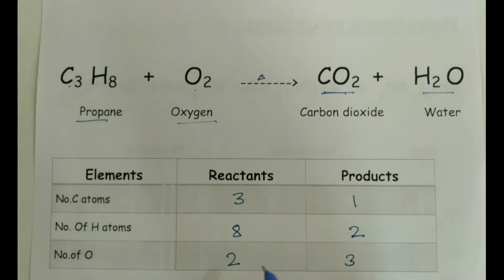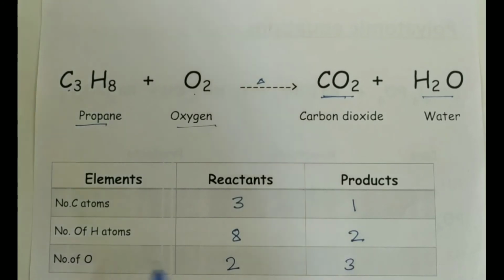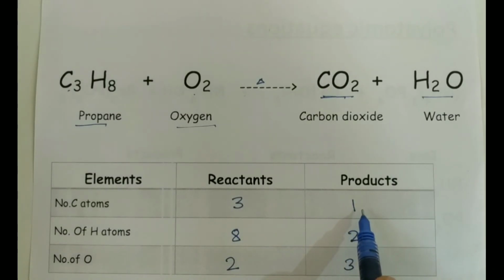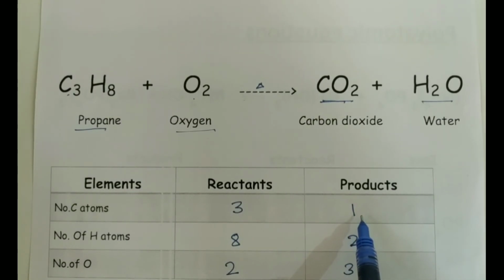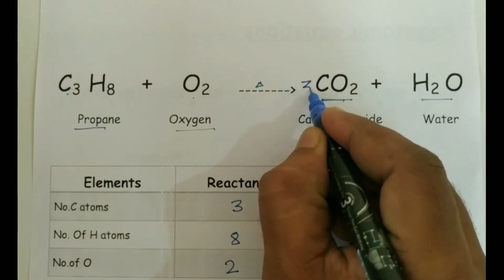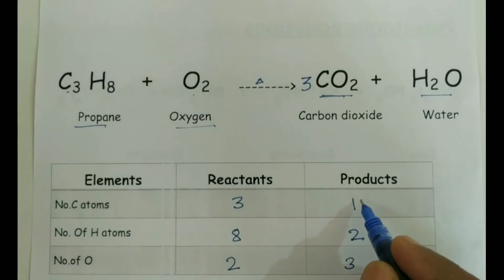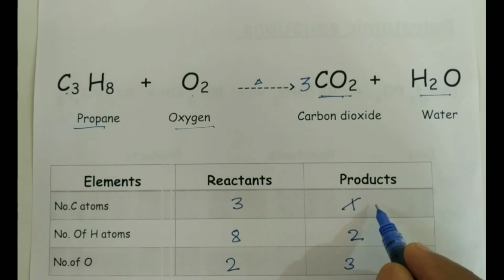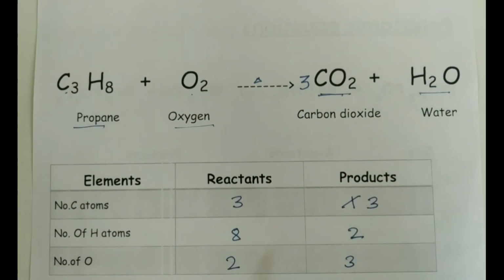Now I am going to balance it. First, the number of carbon atoms. What is the carbon atom here? 3 is there. Here 1 is there. So to make it 3, I will multiply the CO2 by 3. When I multiply CO2 by 3, the carbon atoms become 3 on both sides.